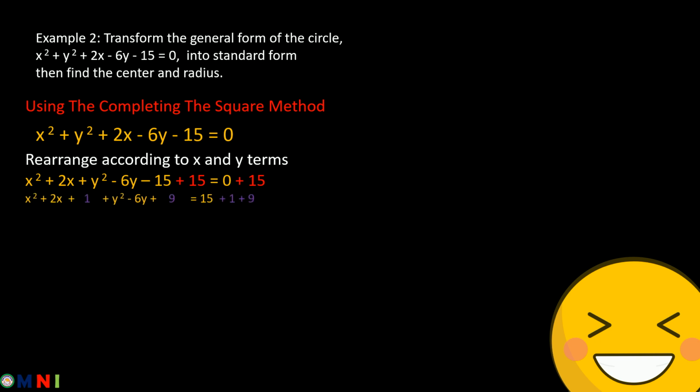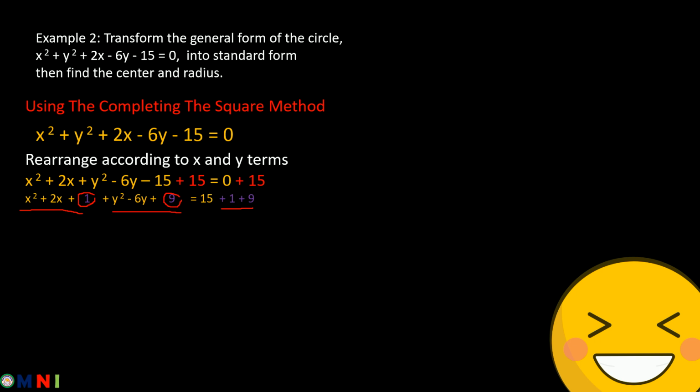Then the next step is we are going to find the missing values. These purple values here are actually the missing constants to complete the perfect square trinomial.